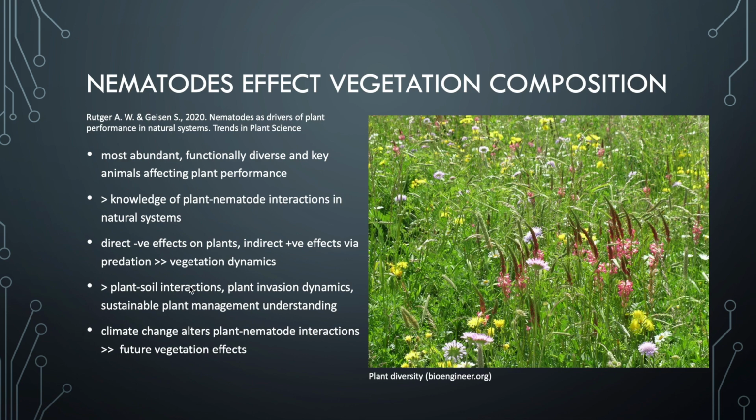And of course, climate change alters plant-nematode interactions, and this will have an effect on future vegetation. So once again, understanding how nematode communities change, particularly under climate pressure, gives us a window into what's going to happen in ecosystems and various vegetation types by understanding the role that these nematodes actually play in those ecosystems.